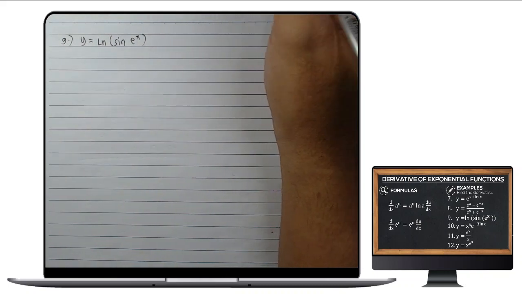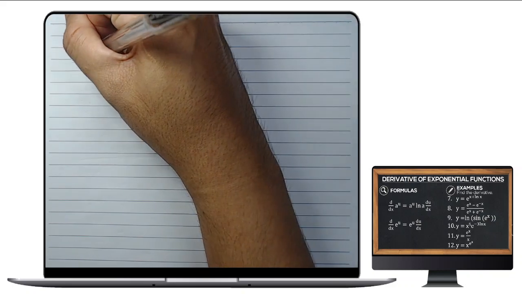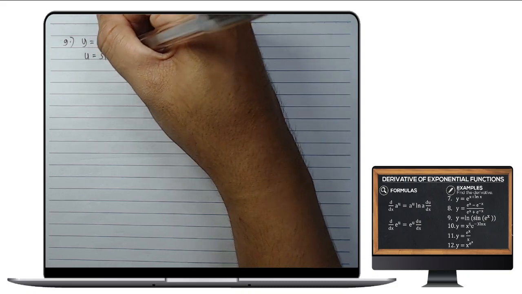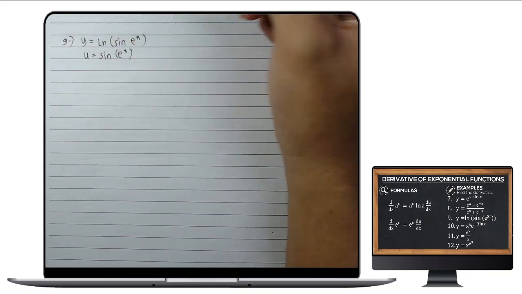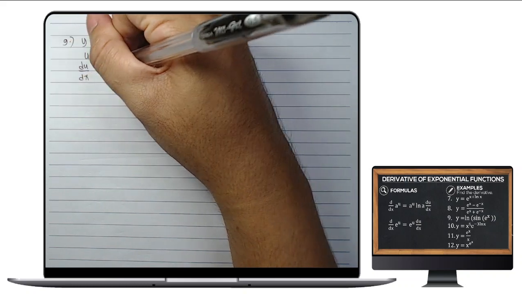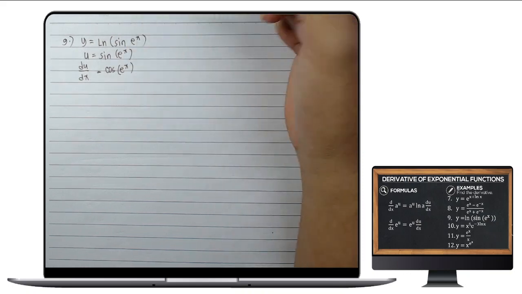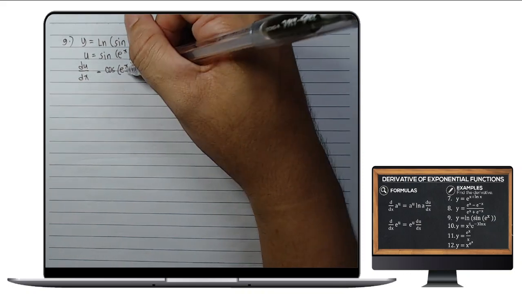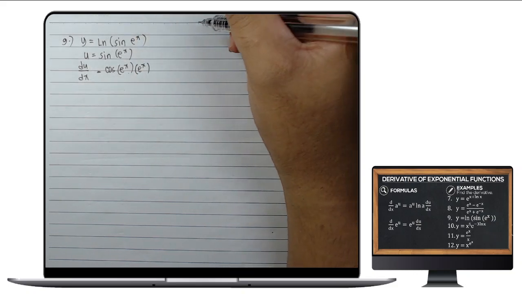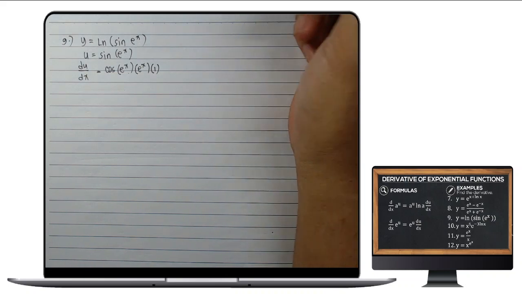So let's have u is equal to sine of e raised to x. When we get the derivative of u with respect to x, that is simply cosine of e raised to x multiplied by the derivative of e raised to x, so that is e raised to x multiplied by the derivative of x there, which is 1.